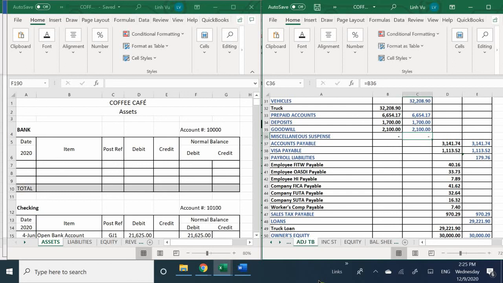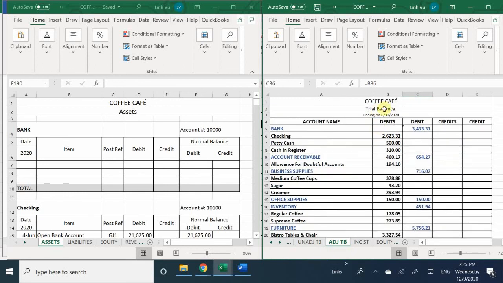Rename my page at the bottom here so that I have them. Okay, so here's my unadjusted, here's my adjusted trial balance. I'm going to change the title at the top, or the date. No, actually, that's fine. You don't have to. You already labeled it at the bottom.